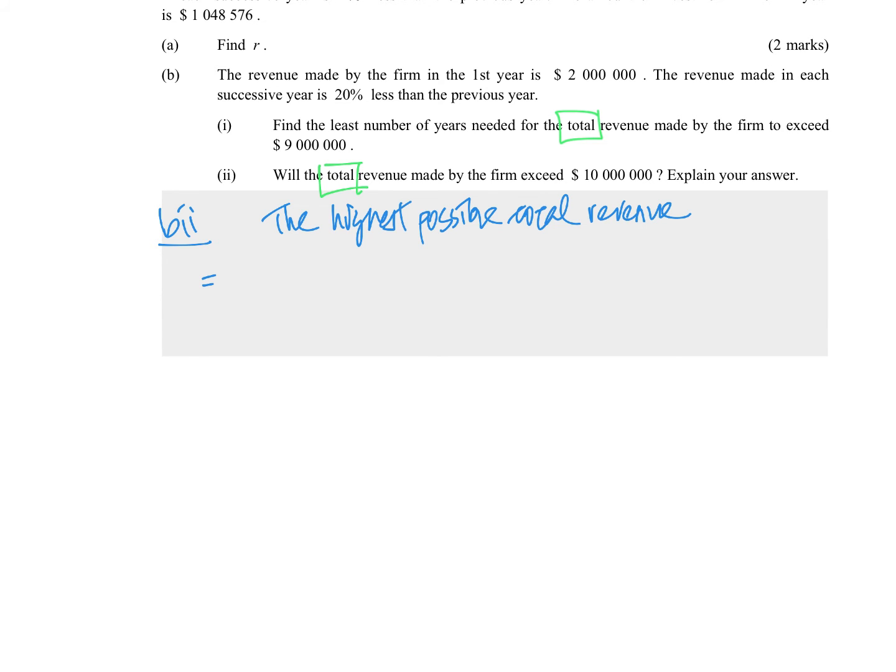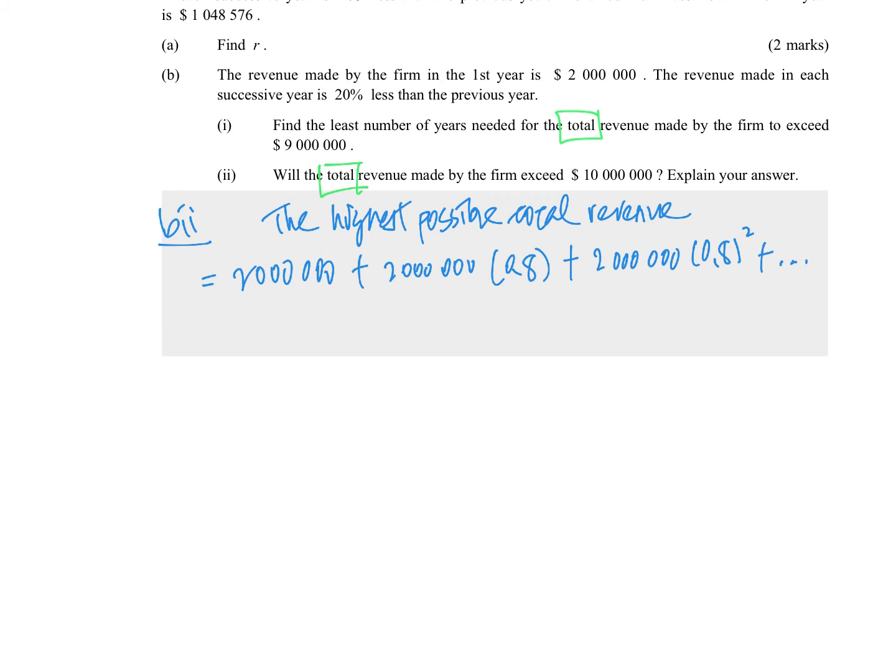So of course we'll be looking at 2 million plus 2 million times 0.8, and then 2 million times 0.8 squared, and then plus dot dot dot.